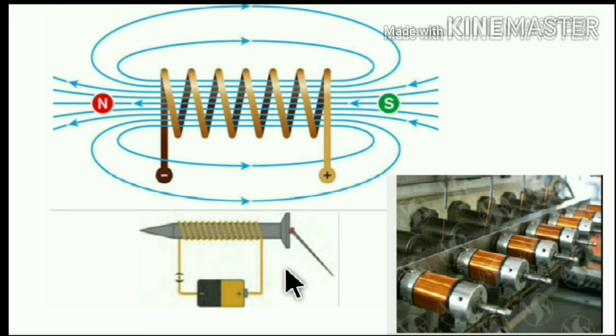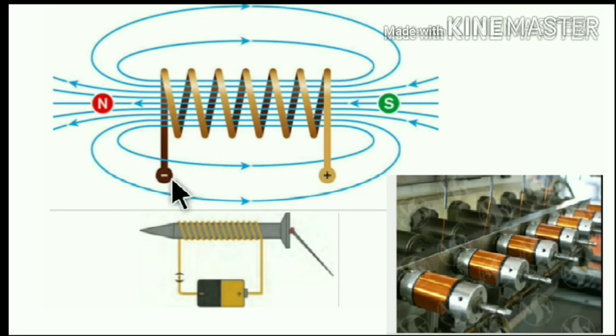When we want a strong magnetism, then we use this solenoid. For this purpose, we use a carbon steel rod or chromium steel rod here, with a solenoid coil, by which a strong magnetic field is produced by a strong current.